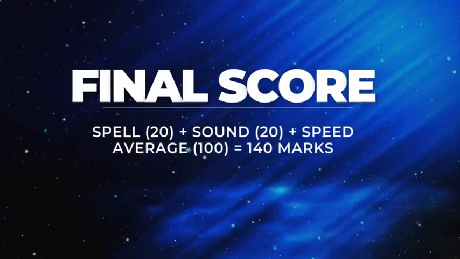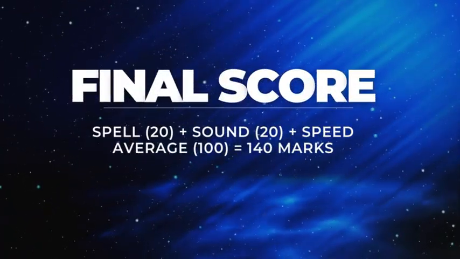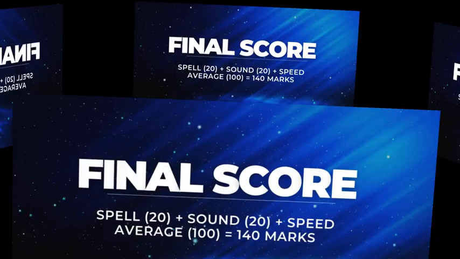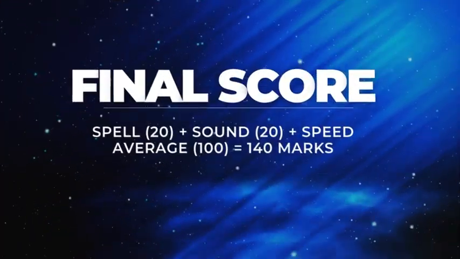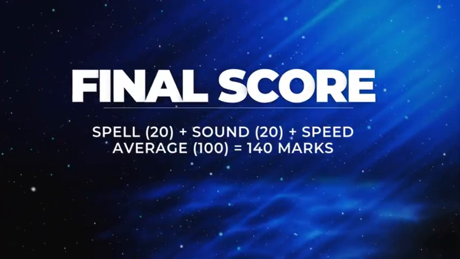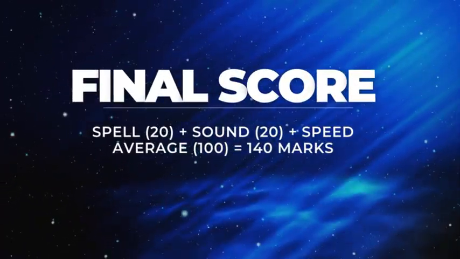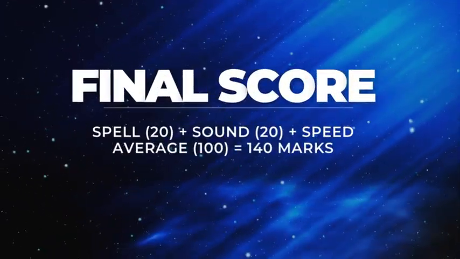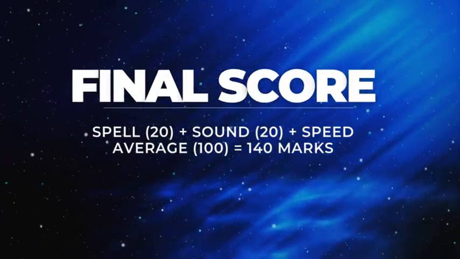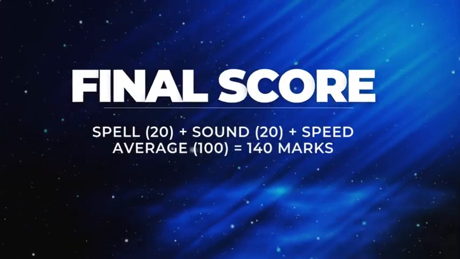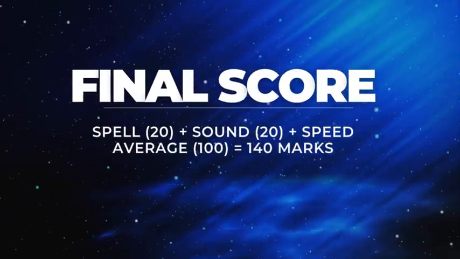It also means no one can coast on an early lead. The speed round still contributes 100 of the 140 possible marks. You have to perform in the final. But a strong, consistent performer across all 3 rounds will always be rewarded.